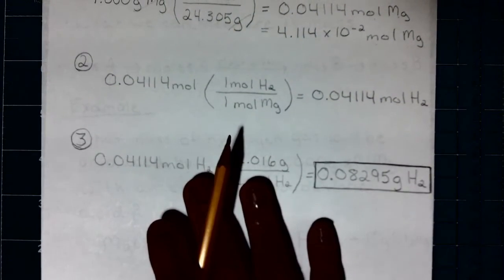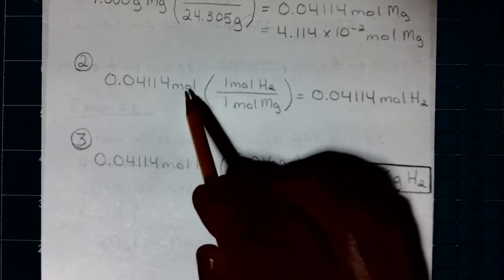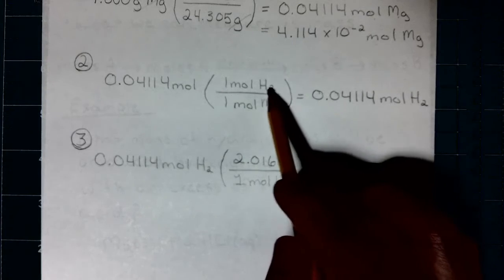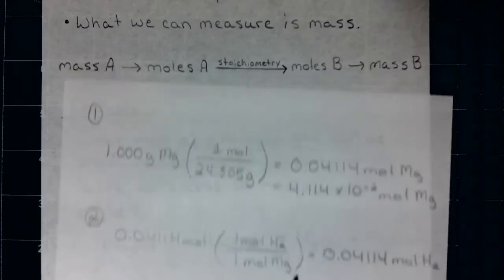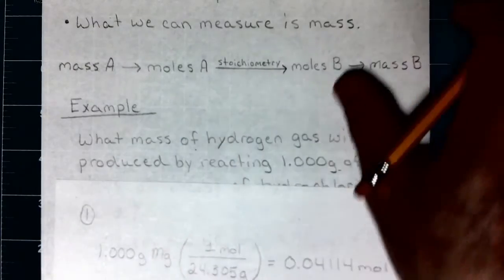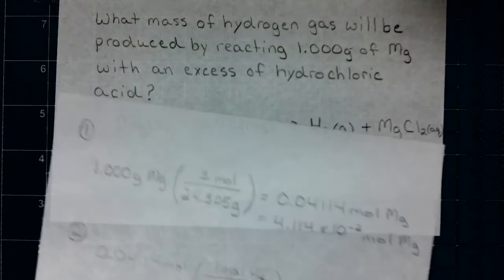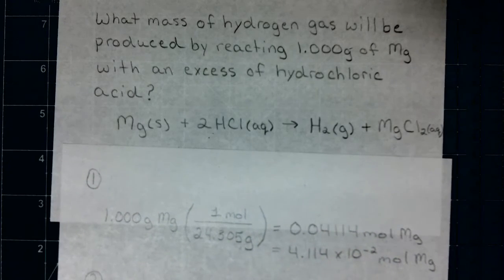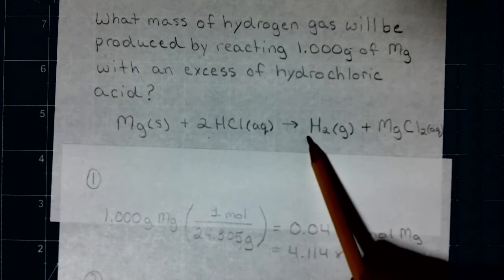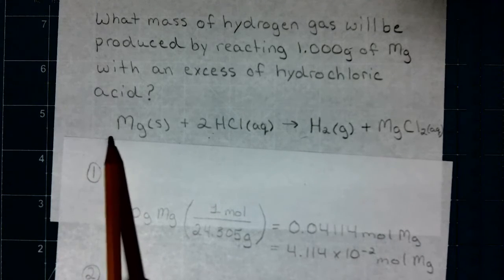The next thing we're going to do is we're going to go from the moles of magnesium to the moles of hydrogen gas. And if we look at our equation here, we can see that we're going to produce 1 mole of hydrogen gas for every 1 mole of magnesium.